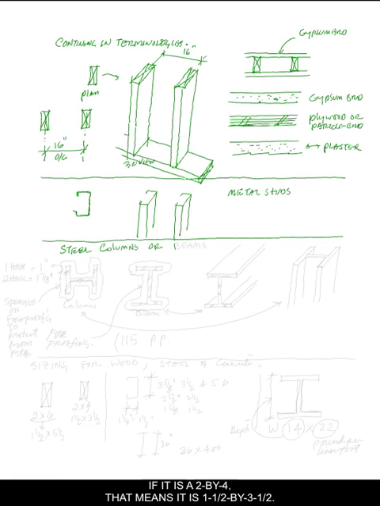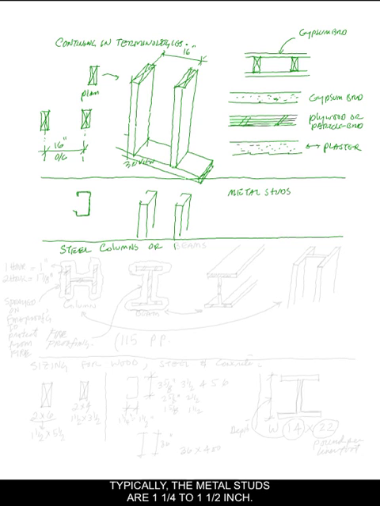If it is a 2x4, that means it is 1.5 by 3.5. On metal stud, it doesn't make a difference.